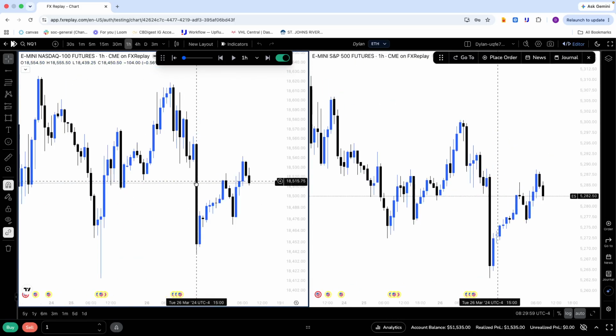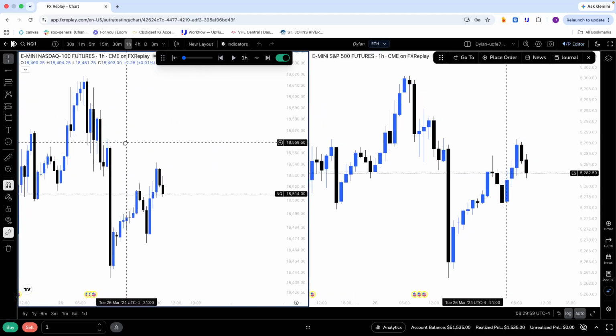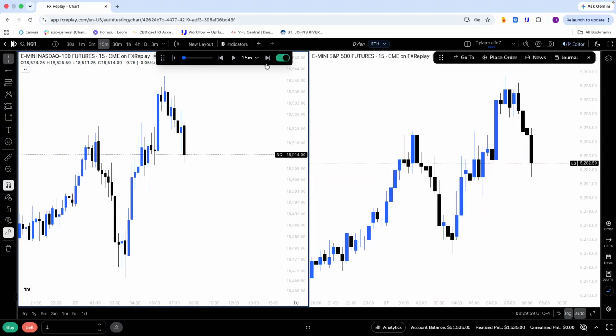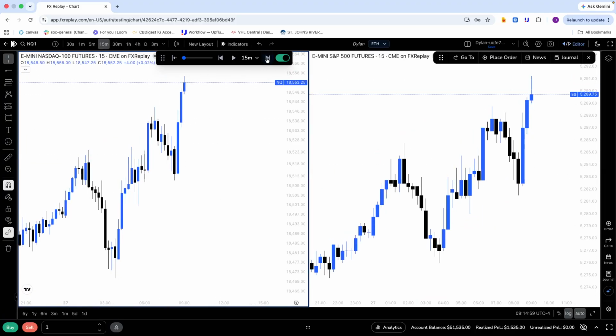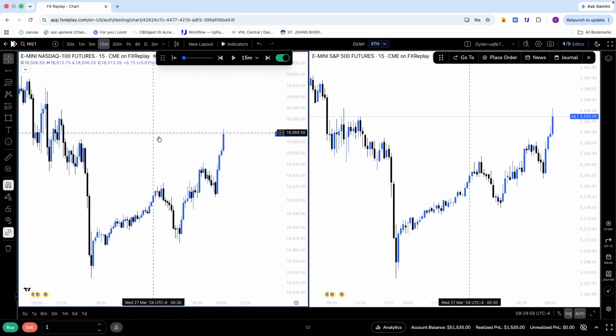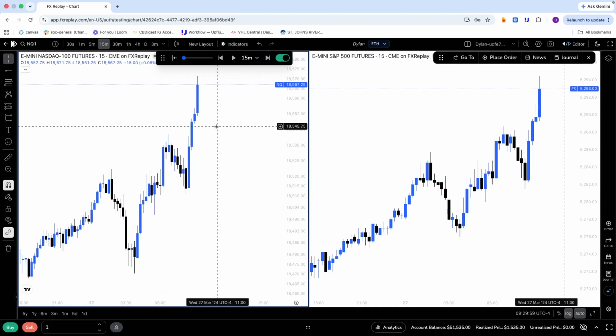New layout. Alright, I'm bullish. We're gonna go ahead and run all this low resistance.